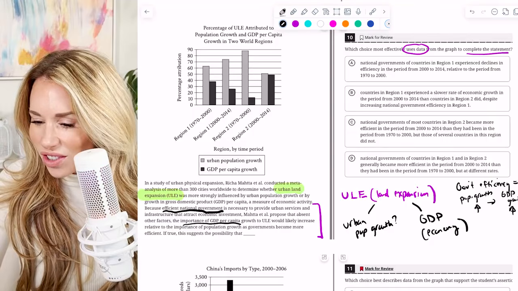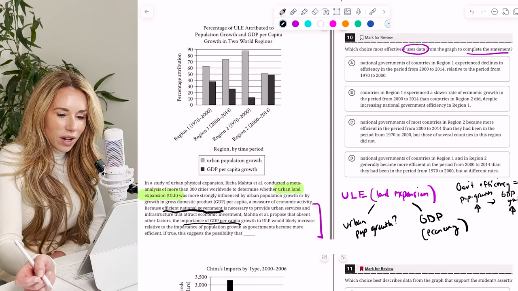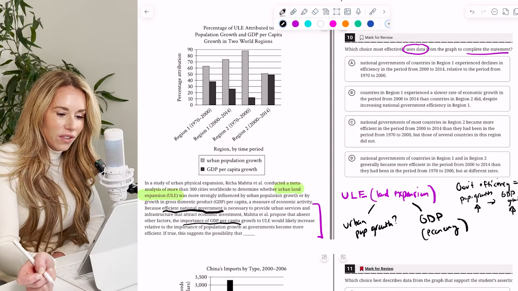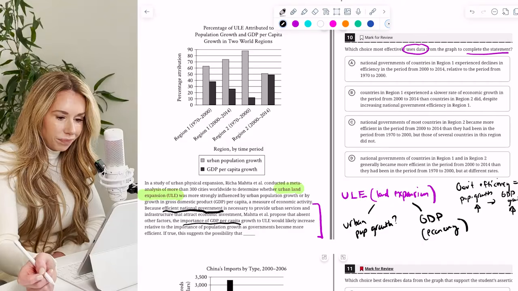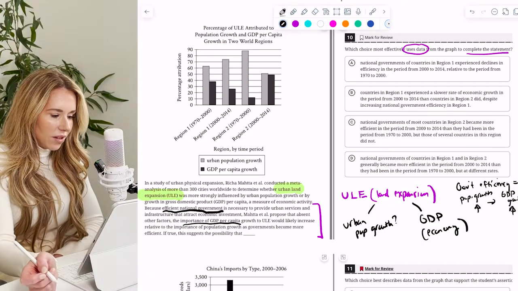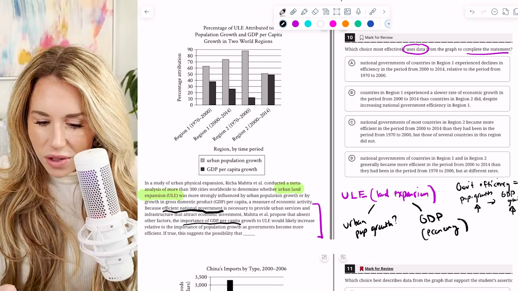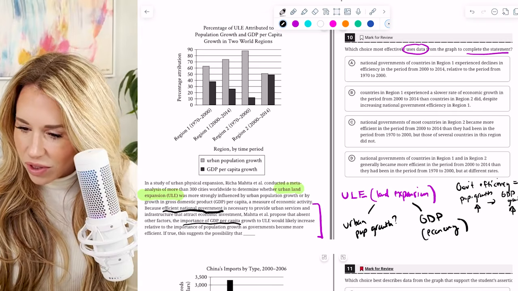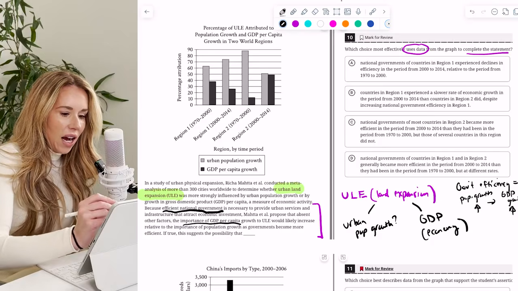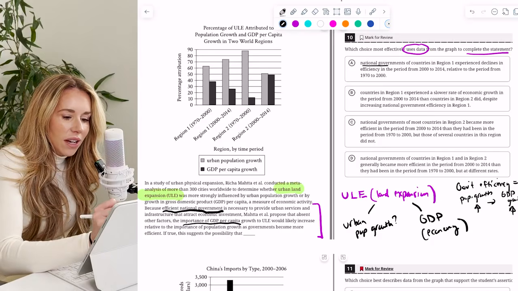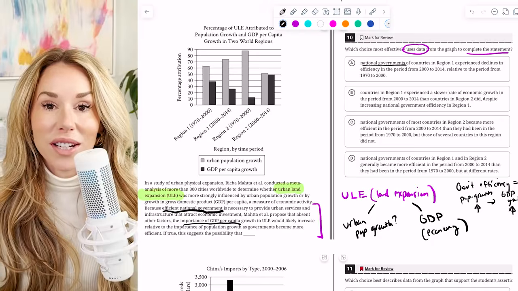A says national governments of countries in Region 1 experienced declines in efficiency in the period from 2000 to 2014. Okay, let's use the graph. So it says national governments of countries in Region 1 experienced declines in efficiency. Okay. All right. So if the national governments, this took me a minute to wrap my head around.